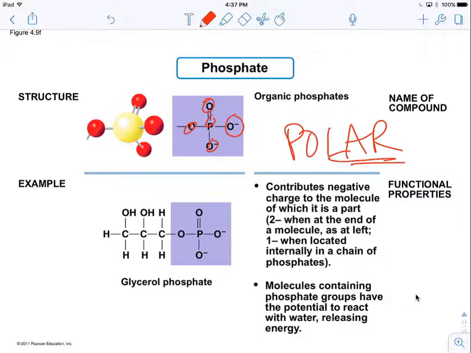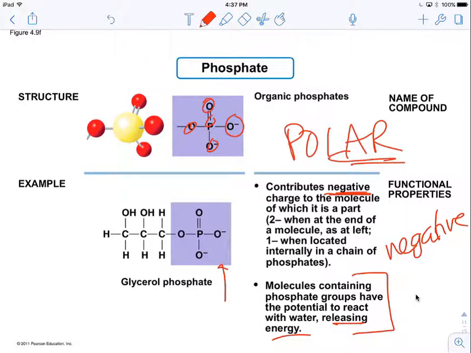Also, because it's bringing all of these oxygen, it's going to contribute to a negative charge on the molecule. So anything that has lots of phosphate is going to be negatively charged. And this will be important later on. File that away. And also molecules that contain a lot of phosphate groups react very strongly with water and release energy. And we're going to see why this is important in just a minute.